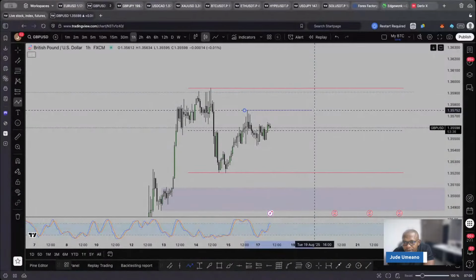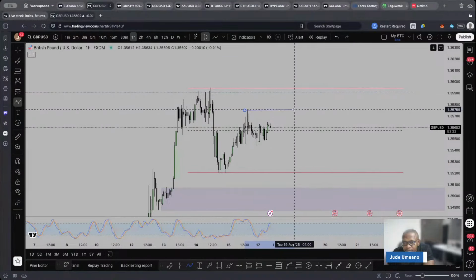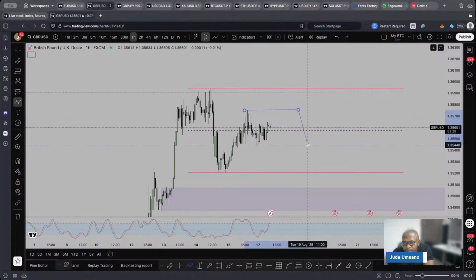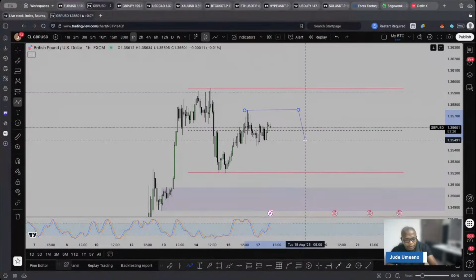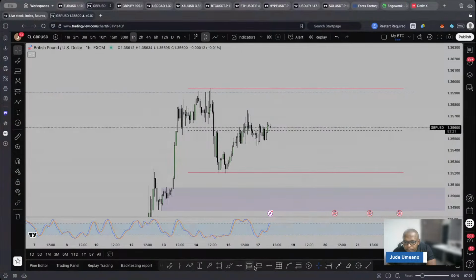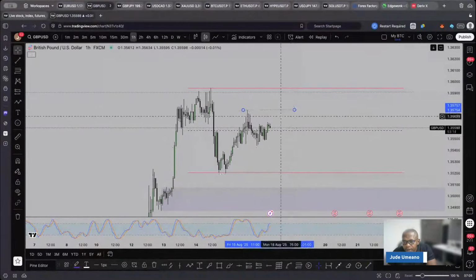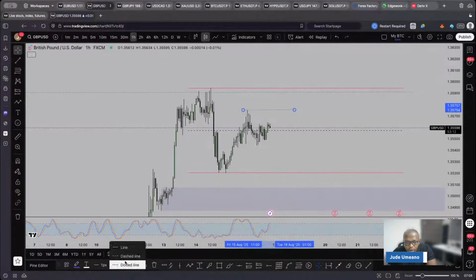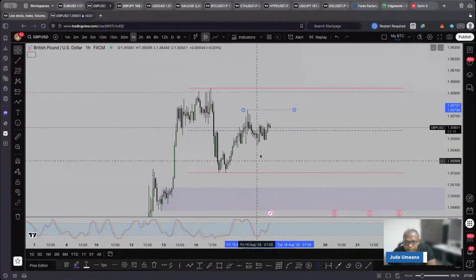So I'm taking this particular range here. So I'm taking this upper boundary and the lower boundary as well.